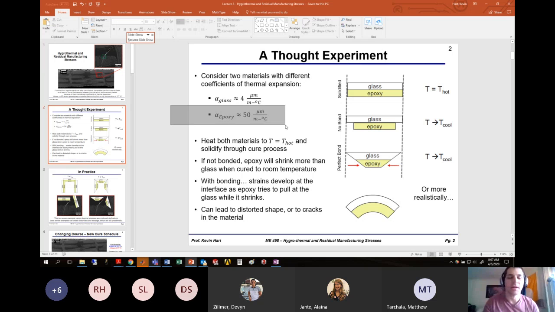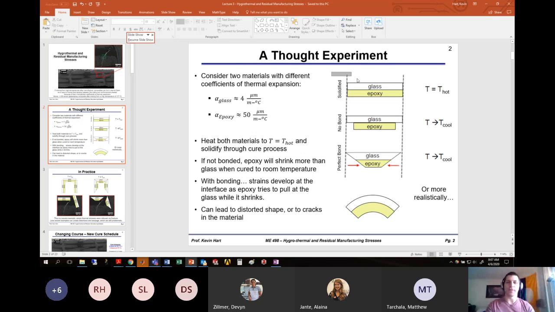And for the epoxy, we have a significantly higher coefficient of thermal expansion. For every 1 degree C that I heat this, it expands 50 micrometers per every meter of length. All right, so that's the general idea. If you consider manufacturing a composite at high temperature, it becomes solidified in this high temperature state.